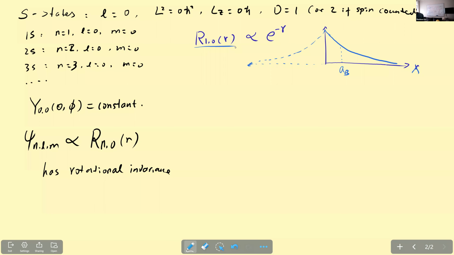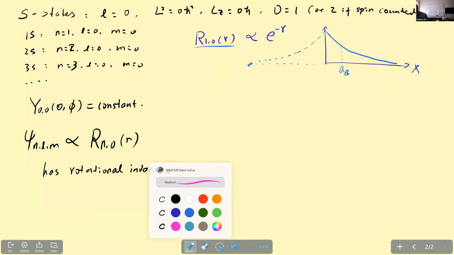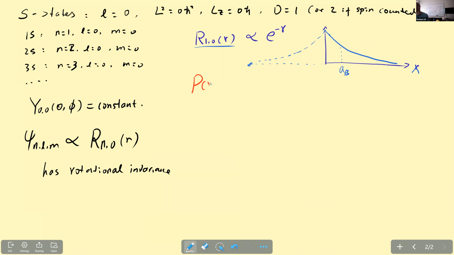And then you can also look at the probability of finding the particle, the electron, at a distance from r to r plus dr, right? So that would be r squared, R10 squared, r and dr, right?